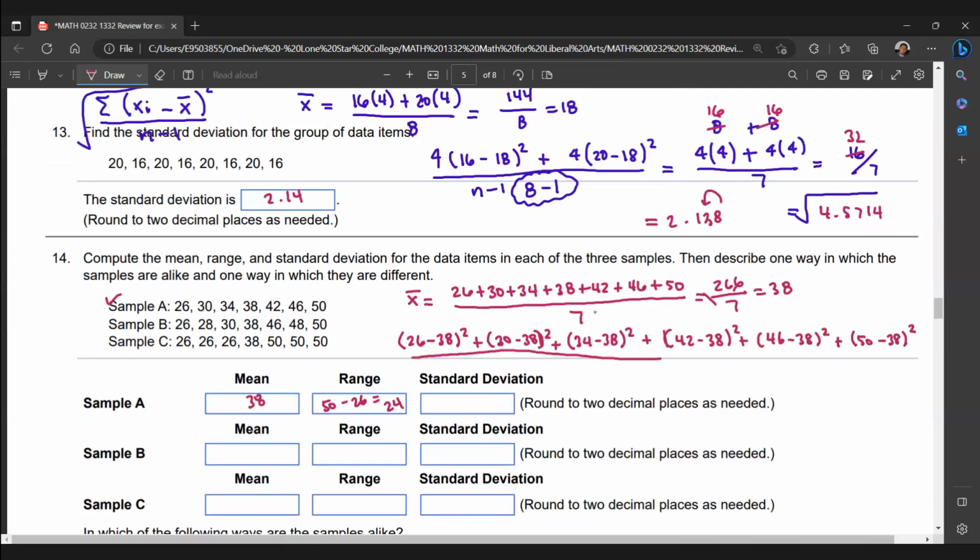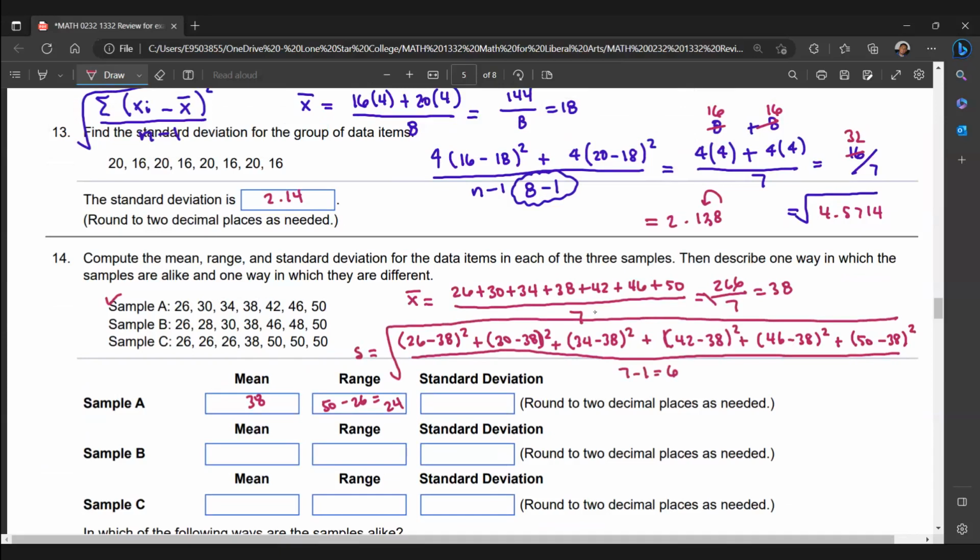Everything here divided by 7 minus 1, which is equal to 6. And then we'll take the square root of all that.